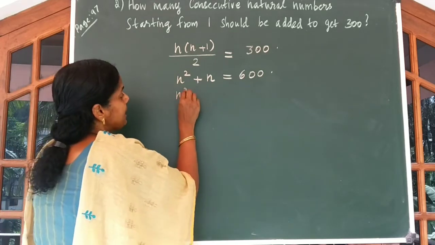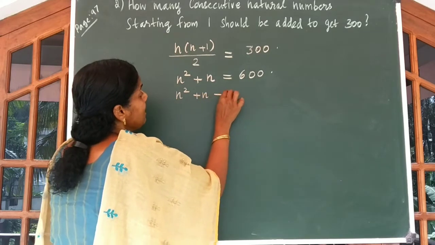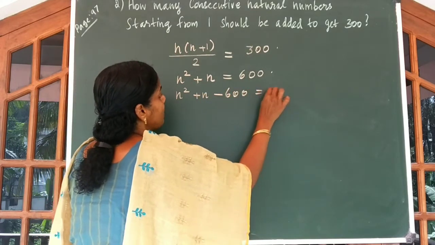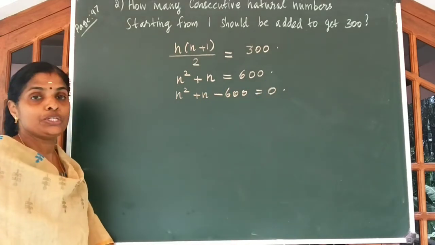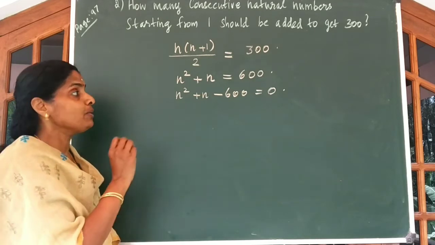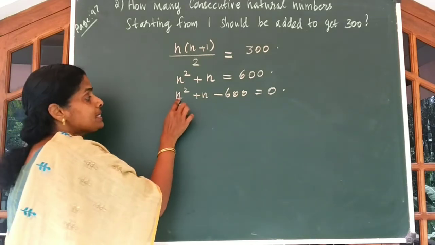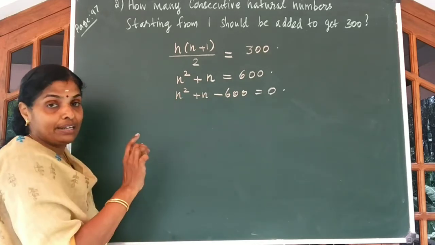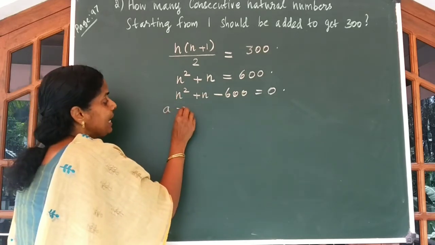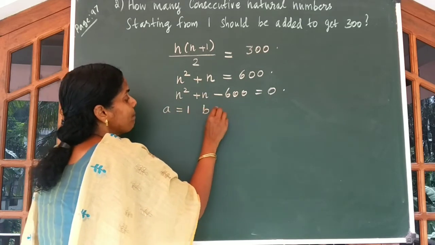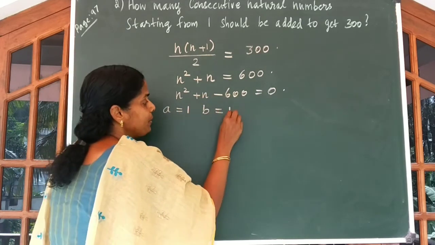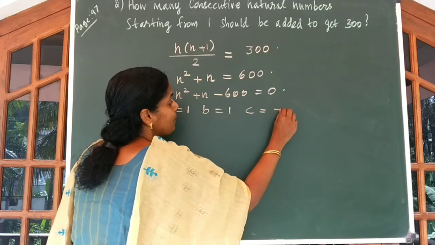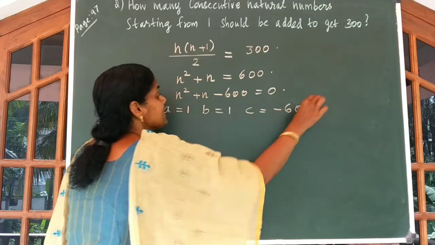That is, you get n square plus n minus 600 is equal to 0. We are going to use the formula to solve this problem. What is the coefficient of x square here? It is 1. So we can write a is equal to 1, b is also equal to 1, and c is equal to minus 600.